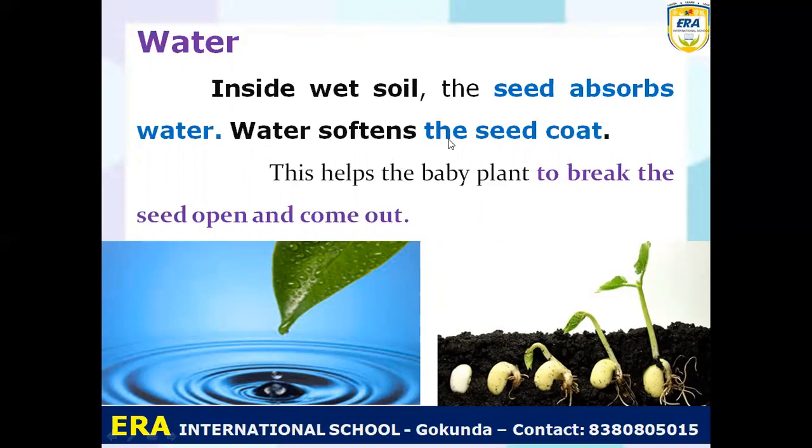Water softens the seed coat, and if the seed coat softens, the plumule and radicle can develop. Remember, from the plumule the stem grows, and from the radicle the root grows. This helps the baby plant to break the seed open and come out. So now when the seed coat is softened, the baby plant comes out from the seed.